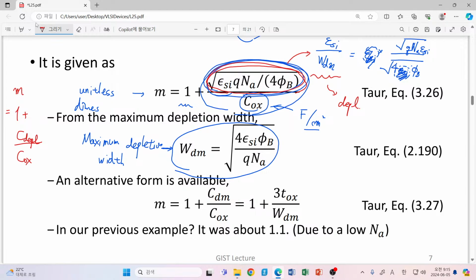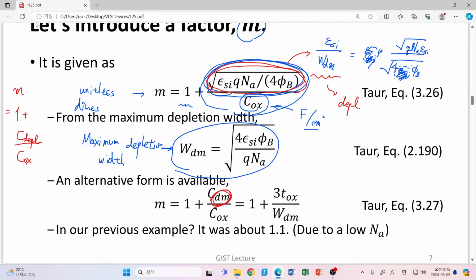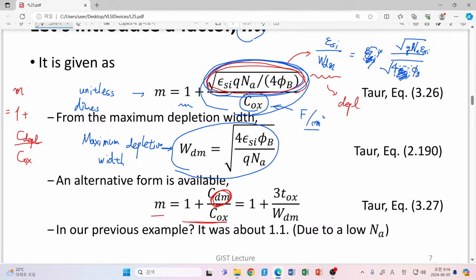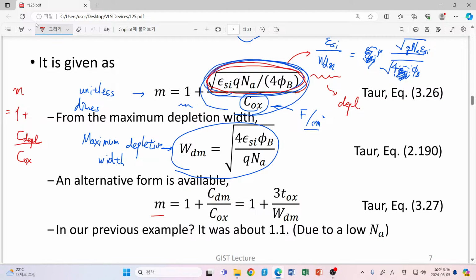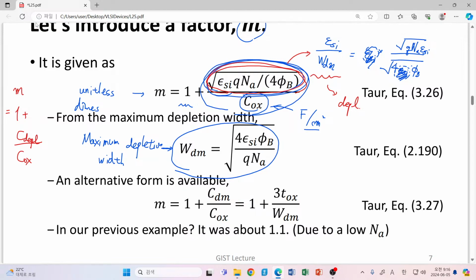So you can see here, I just follow the notation of our textbook, Professor Tower's one. But anyway, you can see that this m is corresponding to 1 plus the ratio of our two different terms. So please try to estimate the behavior of our m factor.